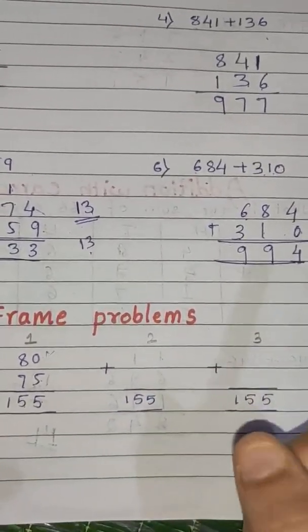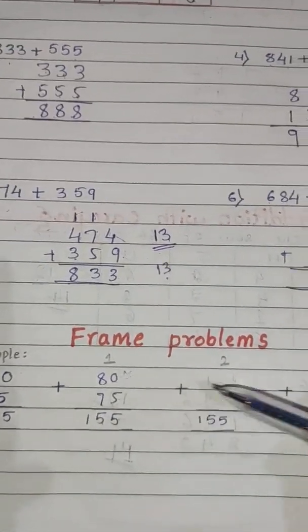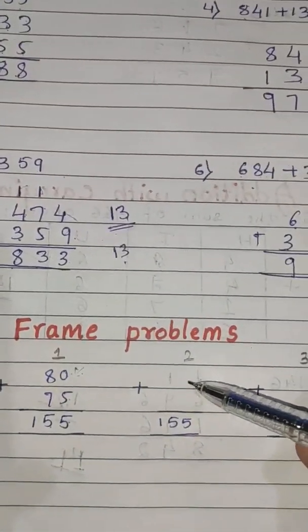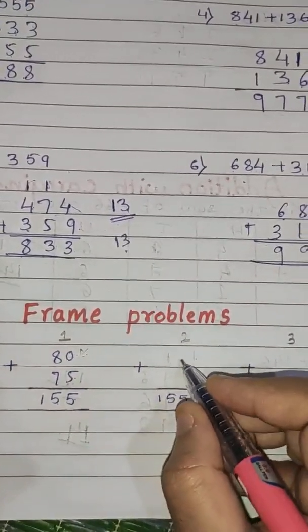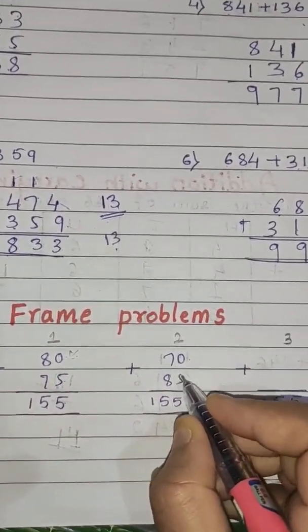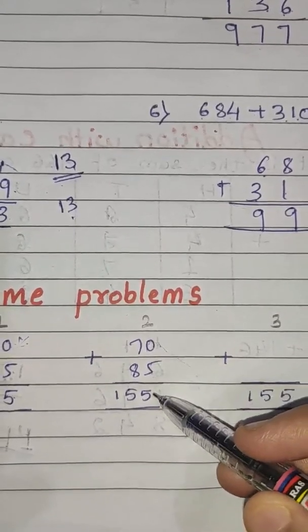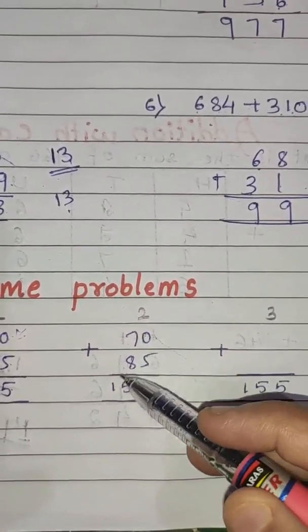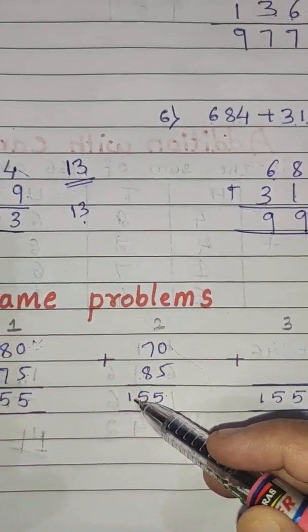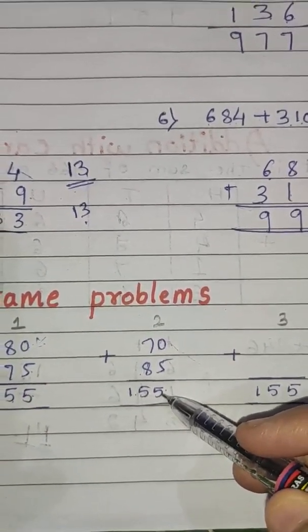Let us frame one more problem, but it should be different from the others. I am going to write here 70 plus 85. 0 plus 5 is 5, 7 plus 8 is 15. Yes, understood? So 155.